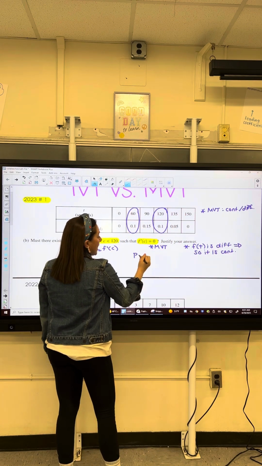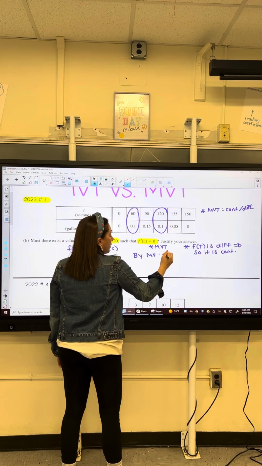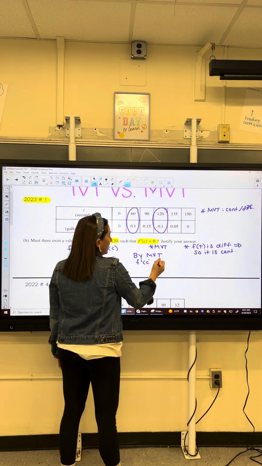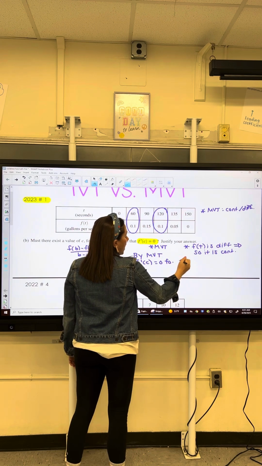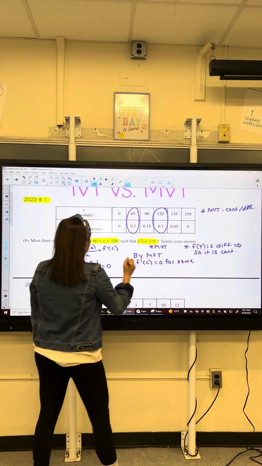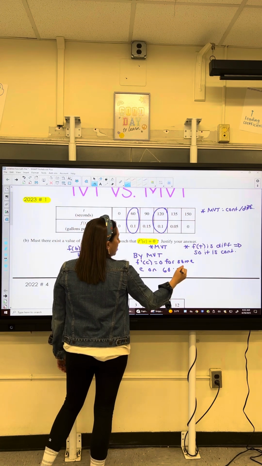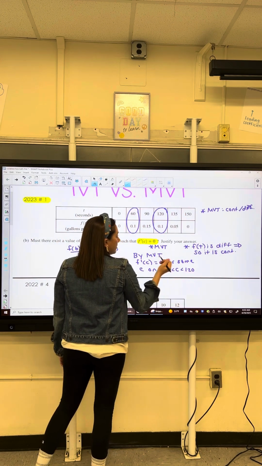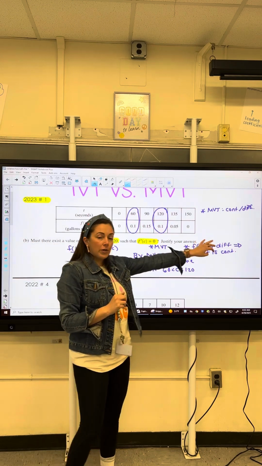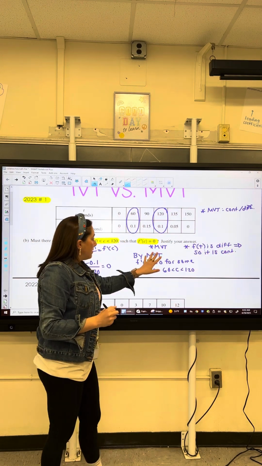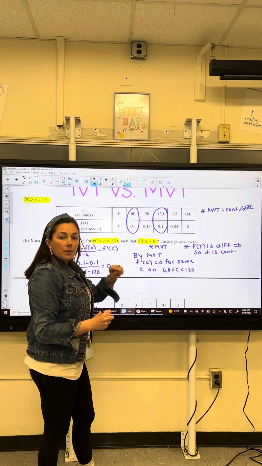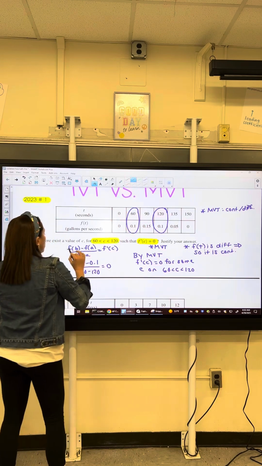Then we can say, by the mean value theorem, f prime of c equals 0 for some c on the interval 60 to 120. You have to state we are differentiable and continuous. By the mean value theorem, state what they want. This needs to be shown.